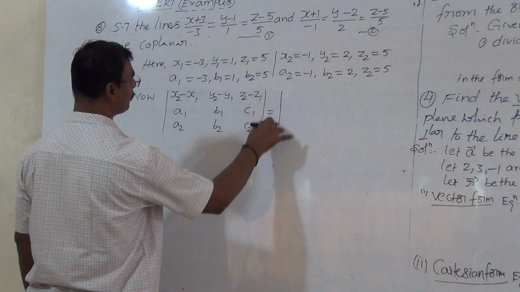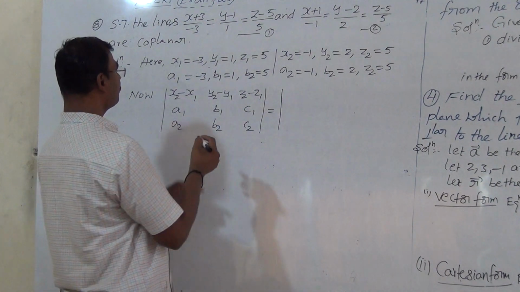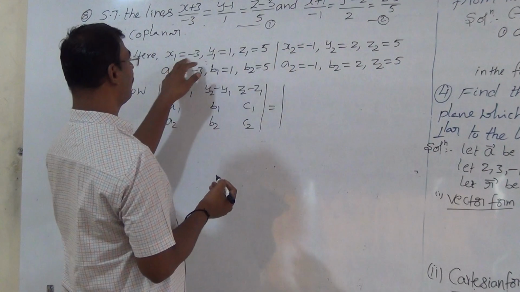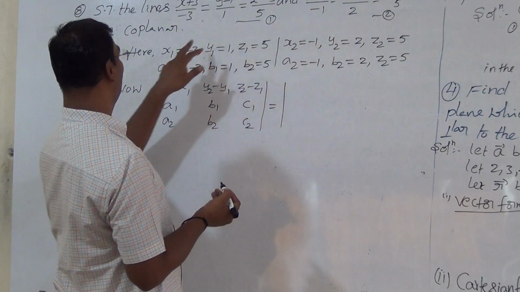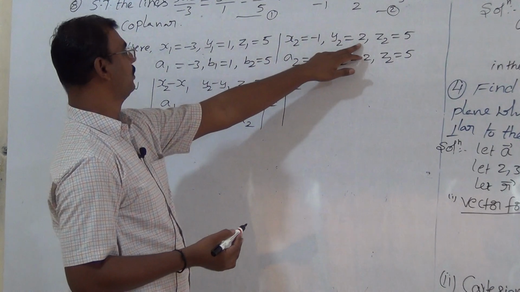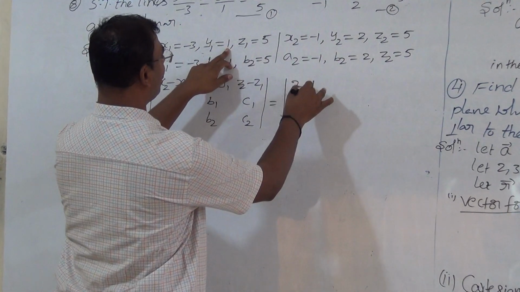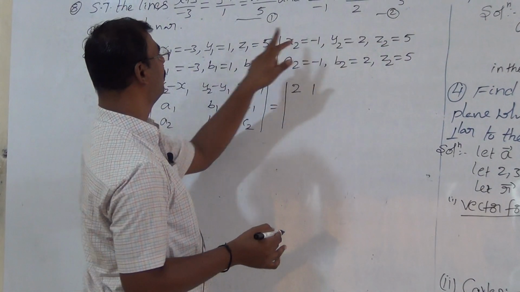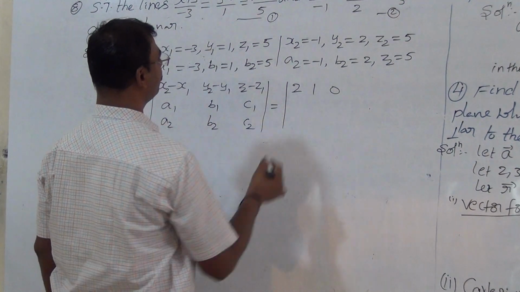Substitute the values. Determinant of x2 minus x1: minus 1 plus 3 becomes 2; 2 minus 1 is 1; 5 minus 5 is 0.